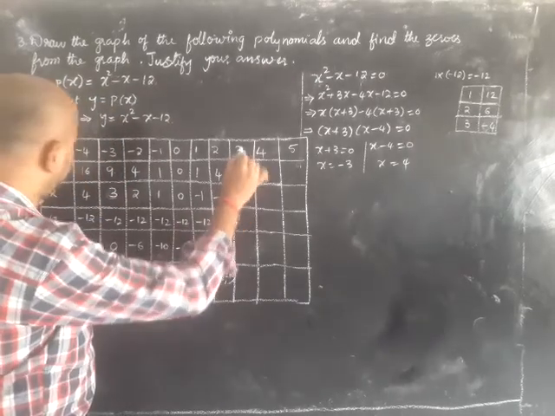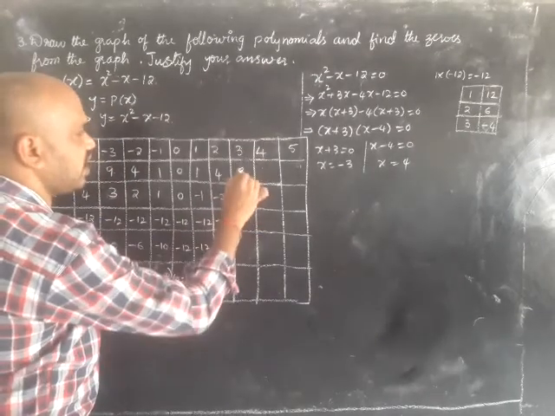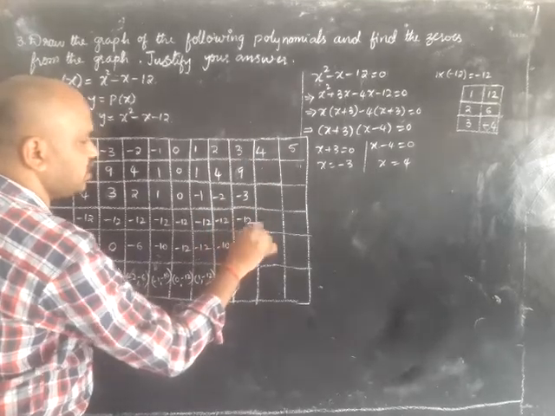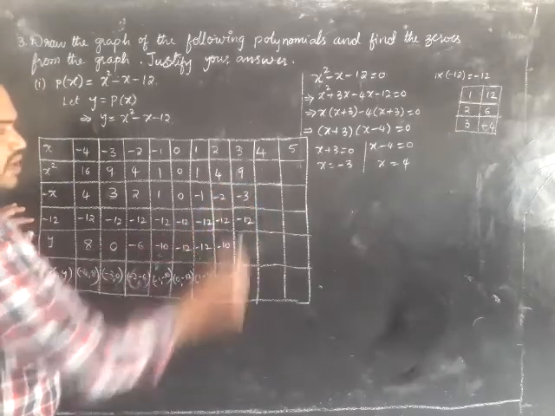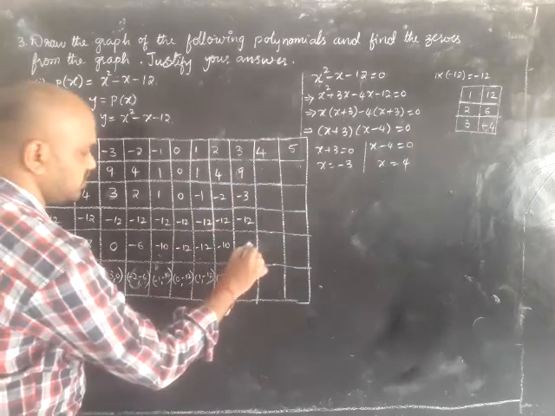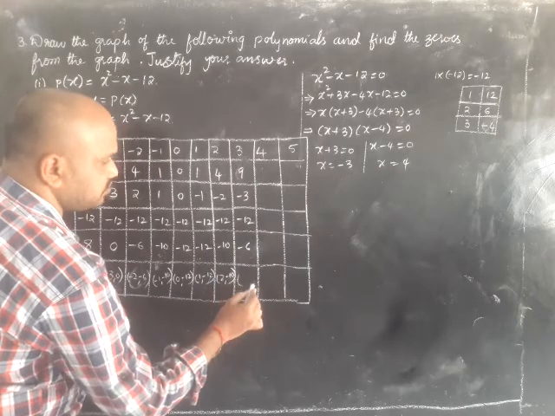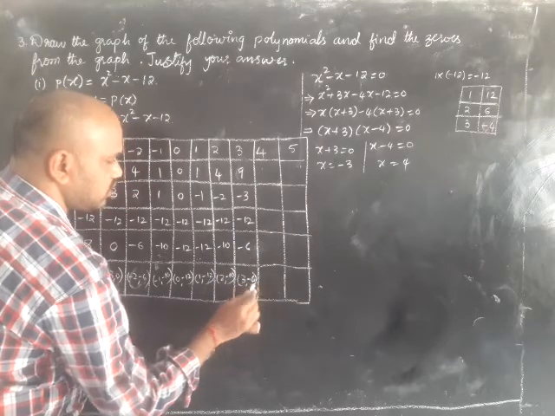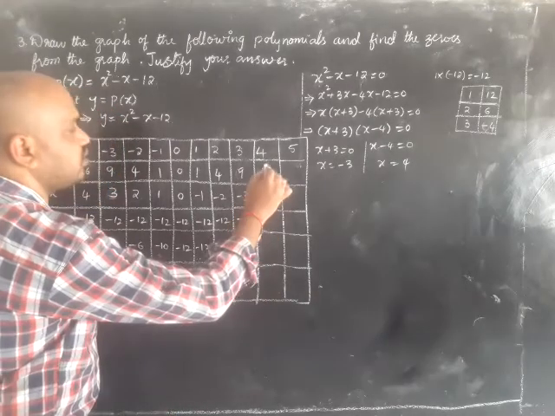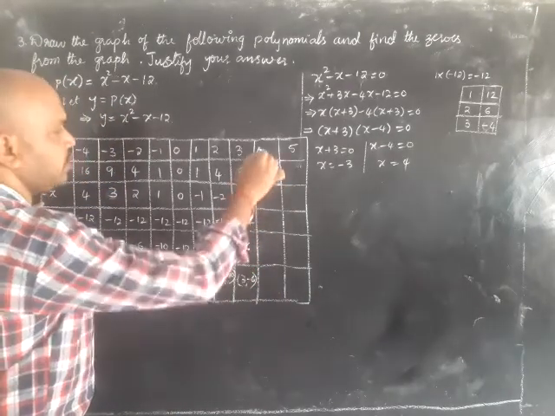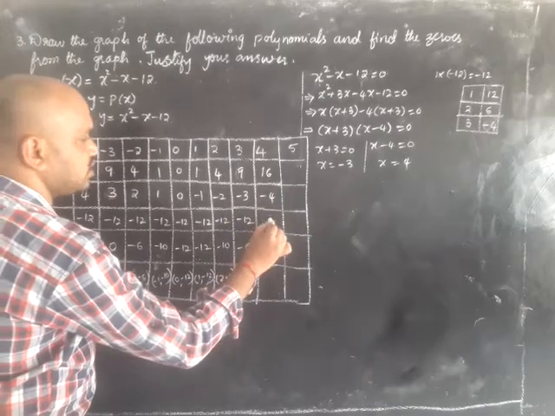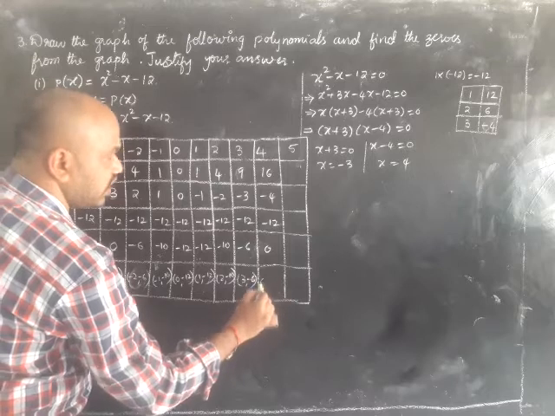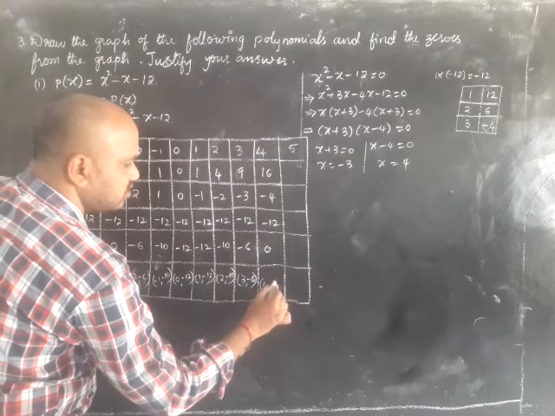Next 3: 3 square is 9, minus 3, minus 12. 9 minus 3 is 6, 6 minus 12 is minus 6. So we get 3 comma minus 6. Next 4 square is 16, minus 4, minus 12. 16 minus 4 is 12, minus 12 is 0. So we get 4 comma 0.